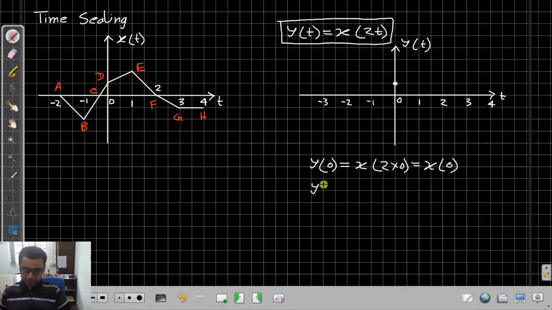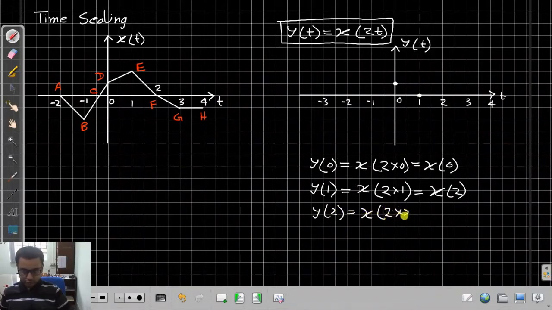Then we ask the value of y at t equal to 1, which is same as x of 2 into 1, same as x of 2, and that is 0. So we put 0 here. Similarly, y of 2 will be same as x of 2 into 2, which is x of 4, and x of 4 is -1. So here we will put -1.